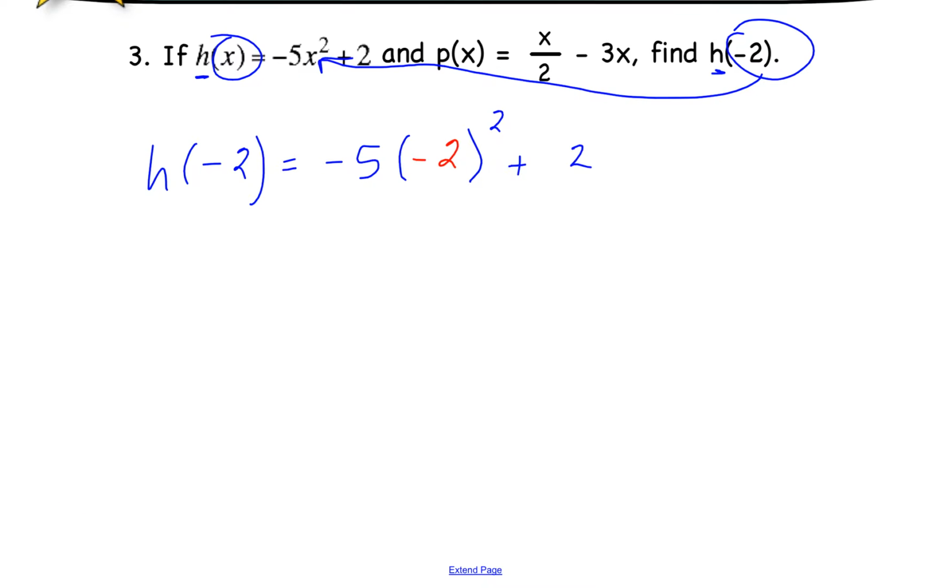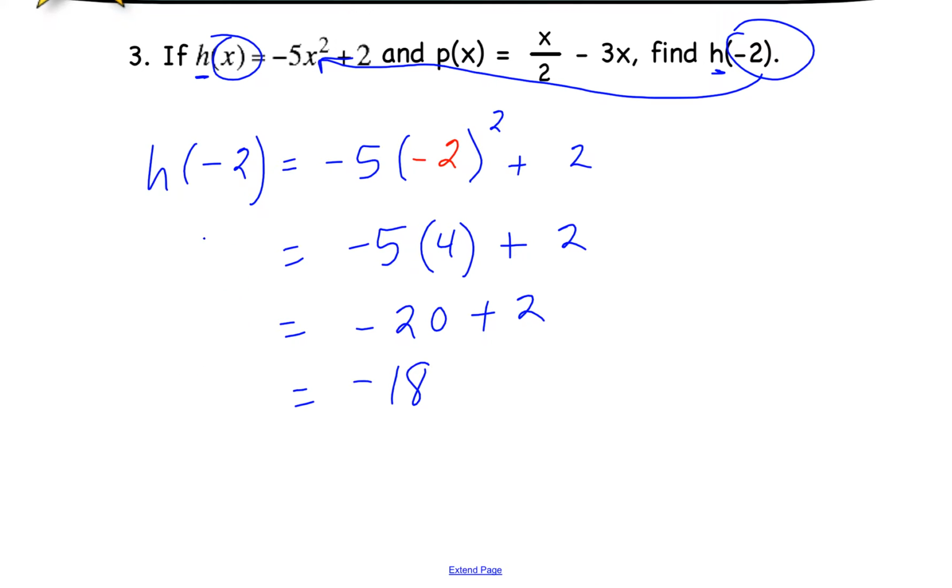So when we calculate that, we're going to get 5 times negative 2 squared, which is 4, and then we will add 2, and our order of operations says we do multiplication first. This is 20 plus 2, which is equal to 22. So therefore, we have h of negative 2 being equivalent to 22.